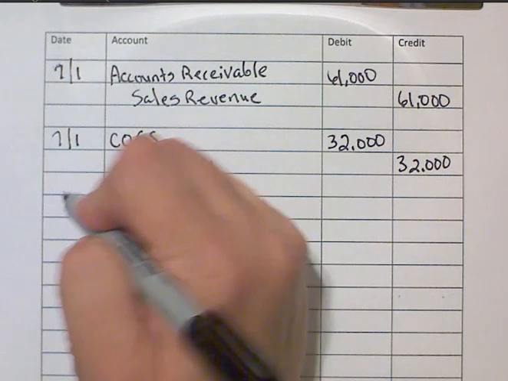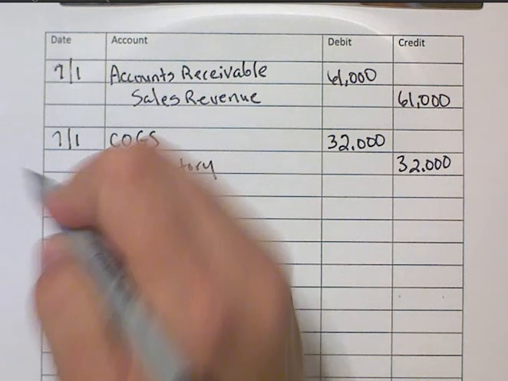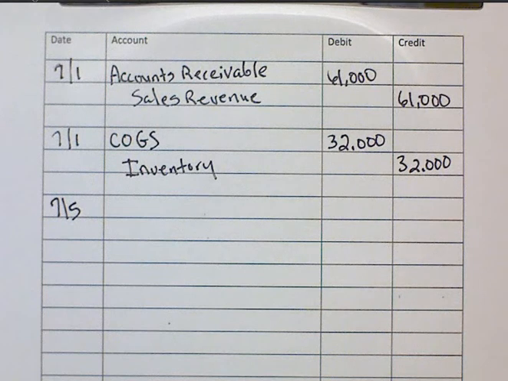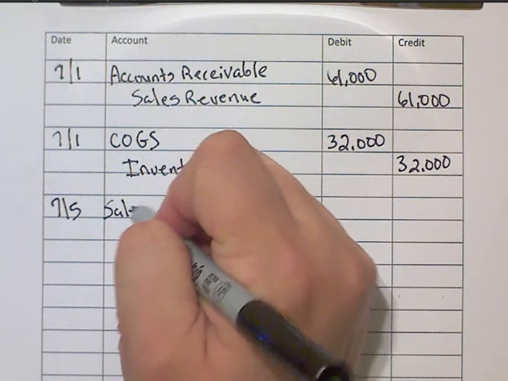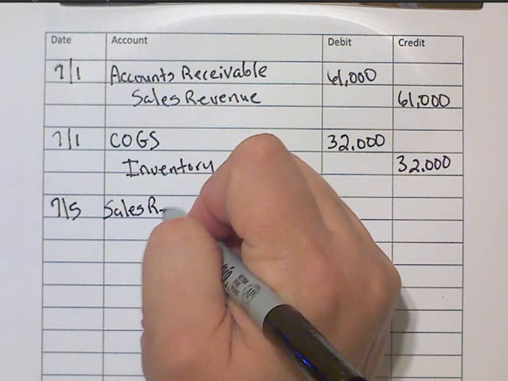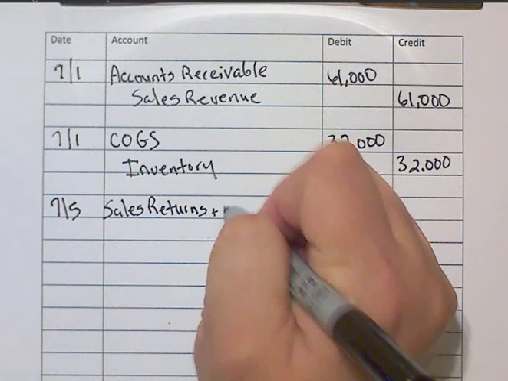On July 5th, Tomas receives a $2,000 sales return on the original damaged goods from the customer, and the cost of the goods damaged is $1,050. Okay, so we need to now debit sales returns and allowances. This is going to be a contra revenue account.